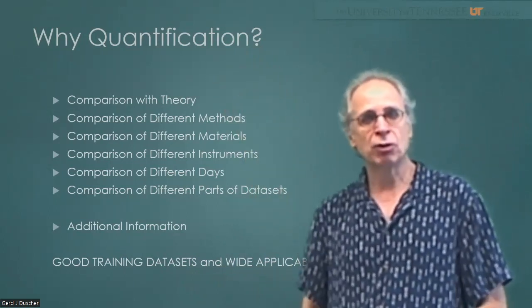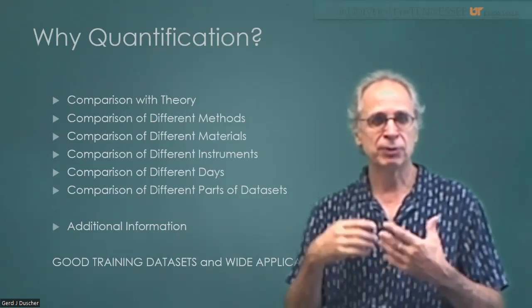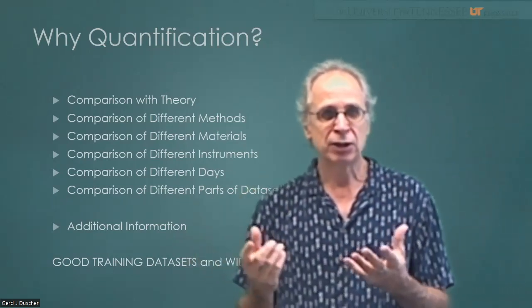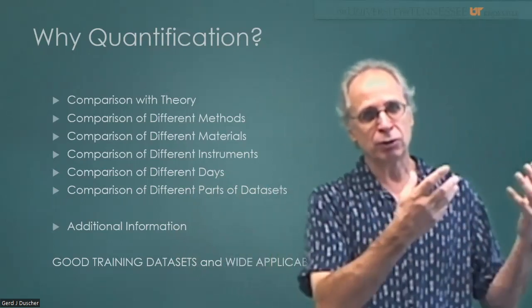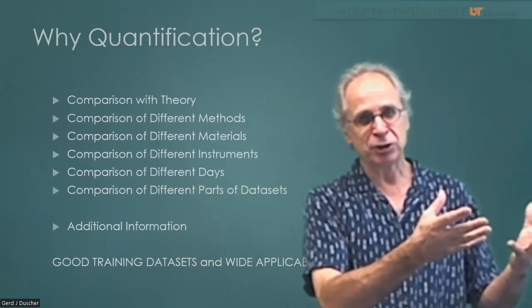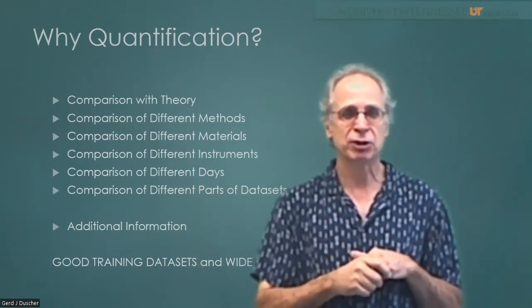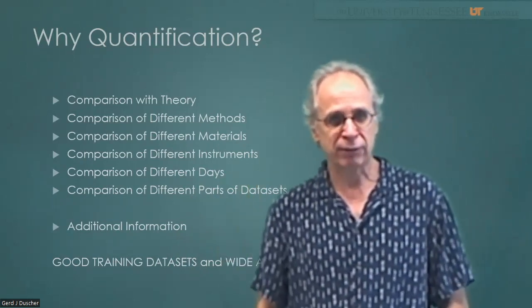We were already talking about it briefly. You want to have good training data sets with a wide application. So it cannot be that you only train your data on one material for one instrument for a specific day, right? So you want to have it trained, and then you want to have it applicable for everything.